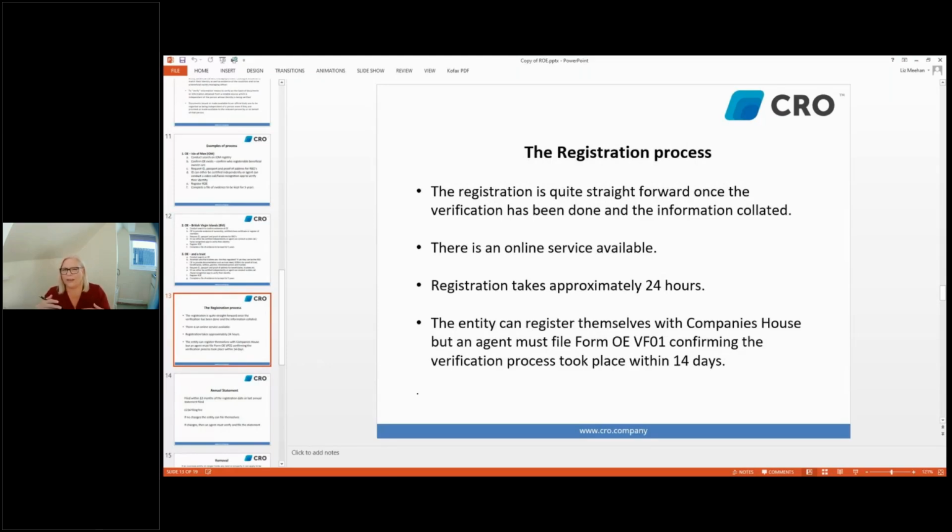Our approach would be that we'd always do everything as the whole process, because the registration part is really quite simple. But that might be something that other agents decide to do and do the verification afterwards. If the entity have registered themselves, then the agent must verify the information within 14 days after that.